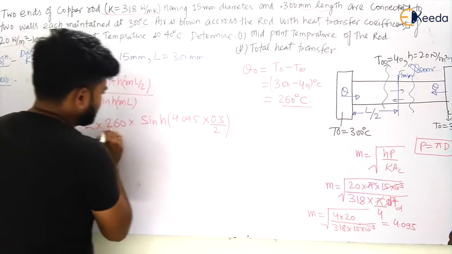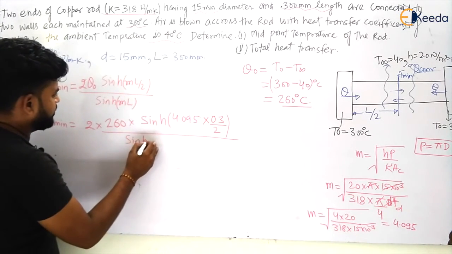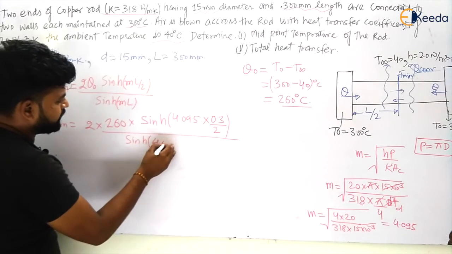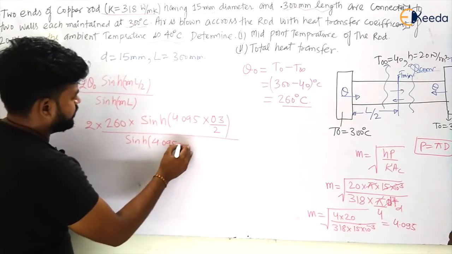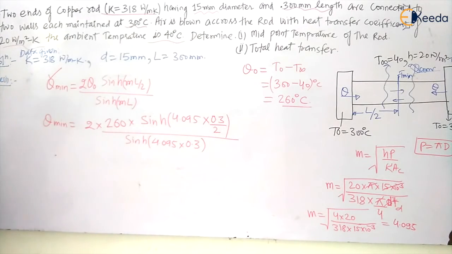Okay. Now again I have to divide it by sine hyperbolic of m, 4.095 into L, that is 0.3, my dear students. Let us calculate the values.